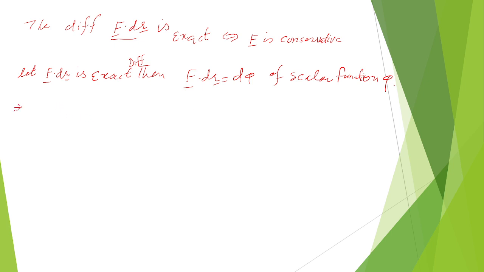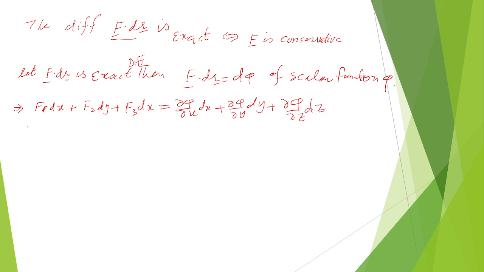This implies f1 dx plus f2 dy plus f3 dz, this is from the left side, is equal to partial phi partial x dx plus partial phi partial y dy plus partial phi partial z dz.